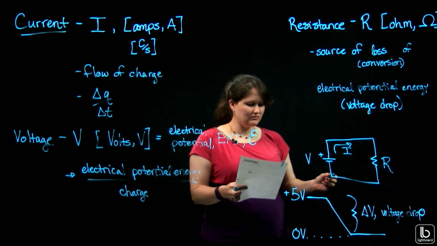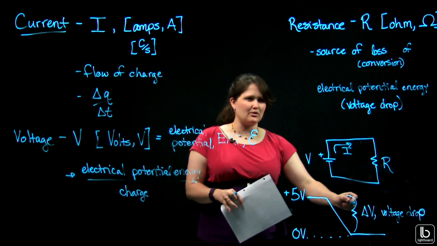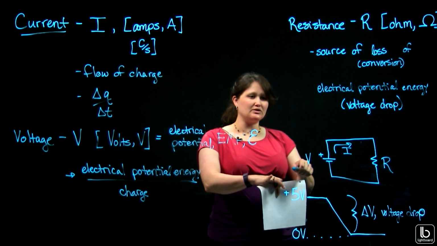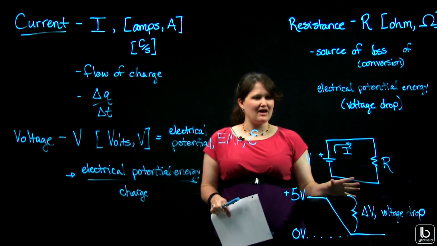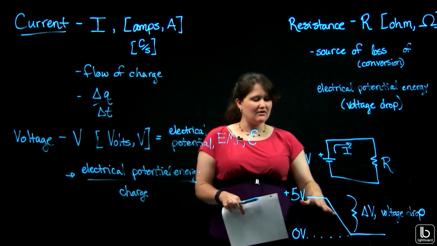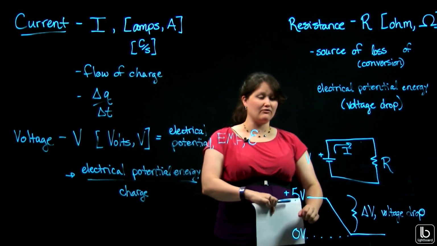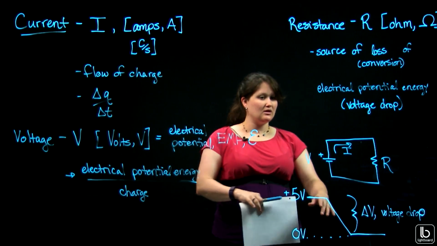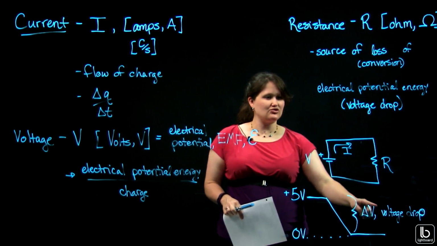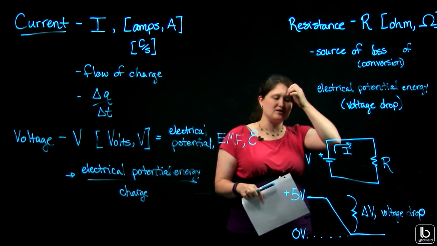And effectively, my voltage drop is always going from some higher voltage to a lower voltage. Now, this may mean I can have a 5-volt drop if I go from 10 volts to 5 volts, or if I go from 0 volts to negative 5 volts. This voltage drop is relative, kind of like height is relative.